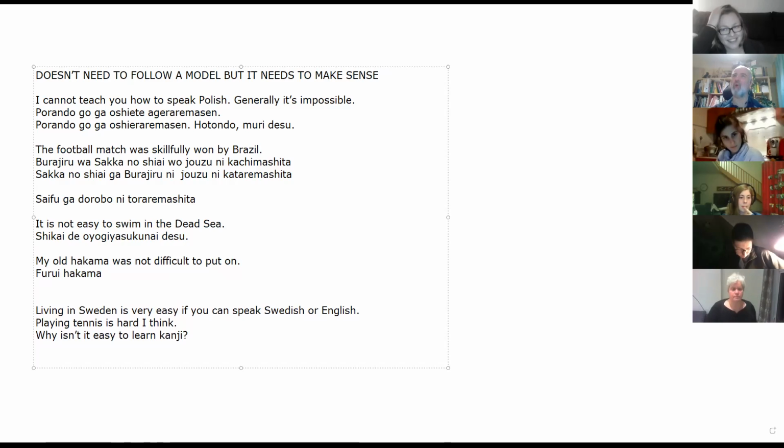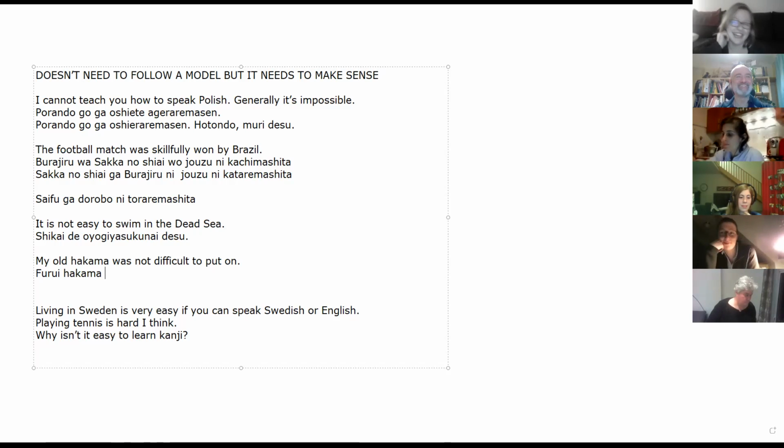But we are used to putting particles everywhere. We so often use no, so we put it everywhere. It's like Chinese grammar. Taiwanese put no everywhere. Furui no hakama no muzukashii no kata.